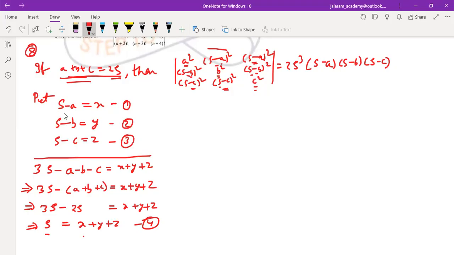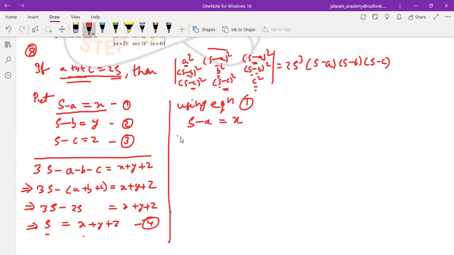So look at this. This is s minus a equals x. Using equation 1, that is s minus a equals x, what will be the value of a? For this, a will be transferred to the right hand side.